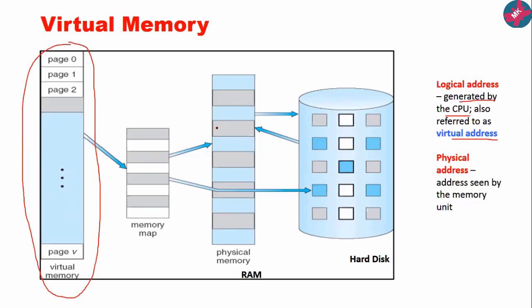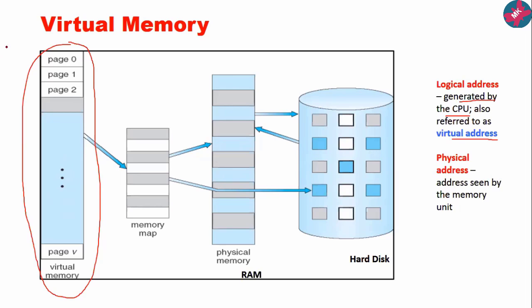So first there will be some memory map, some table will be there. It will convert this virtual address into a physical address. So each of this RAM will have the physical memory. So in virtual memory, see here, virtual memory will separate this logical memory from this physical memory.